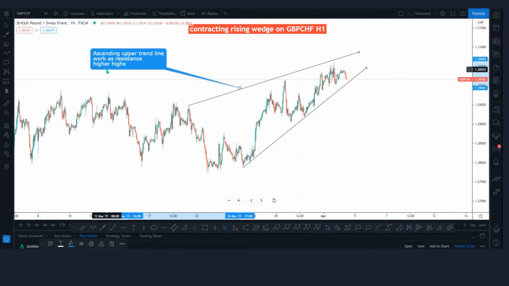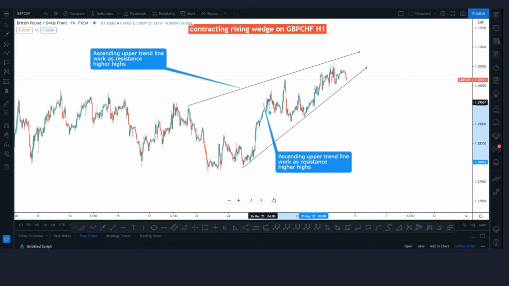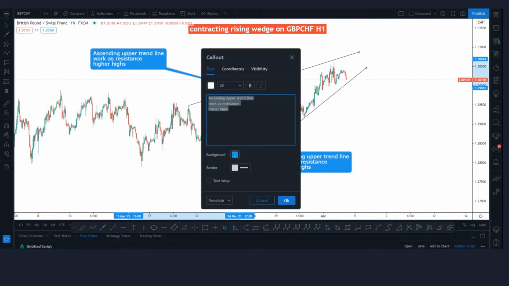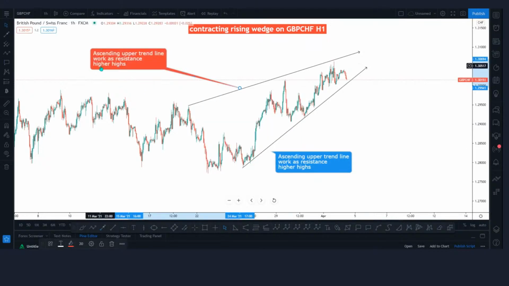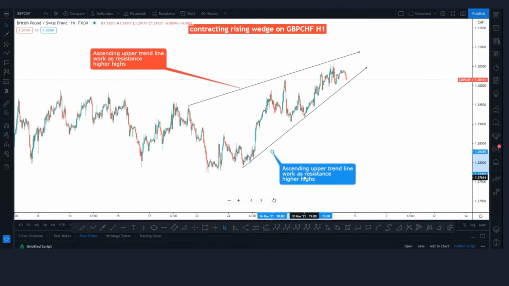It's the upper trend line because you do have a lower trend line, which we're going to put right now. And it's a good idea to make this red because it works as resistance. These are higher highs, but you're expecting this to fall.